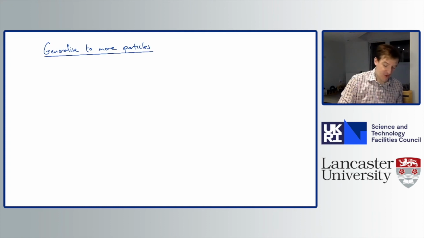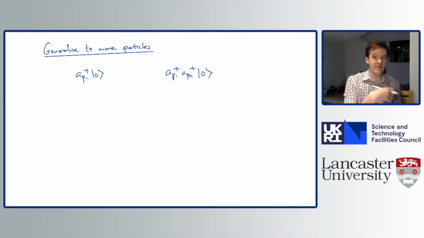If our state AP1 dagger 0 was a one-particle state, in other words, if this creation operator is creating one particle, you might guess that the state AP1 dagger AP2 dagger 0 might be a two-particle state, because with AP2 dagger I'm creating a state with momentum P2, and with AP1 dagger I'm creating a state with momentum P1.